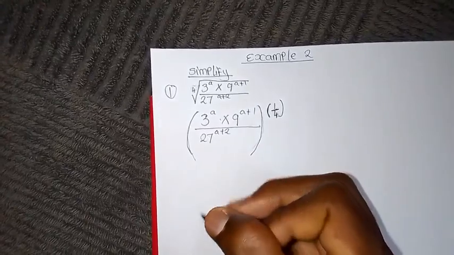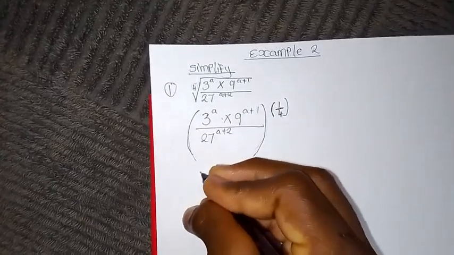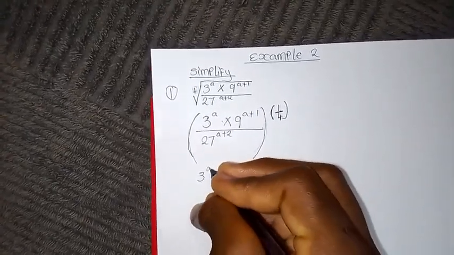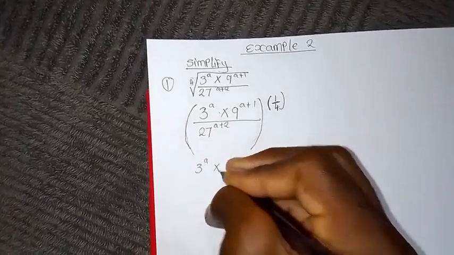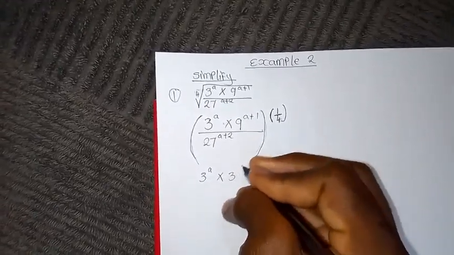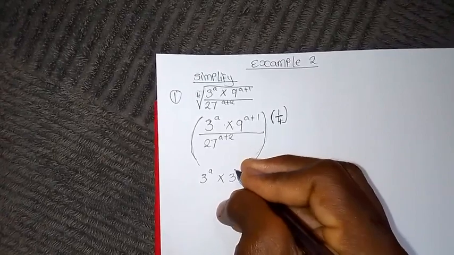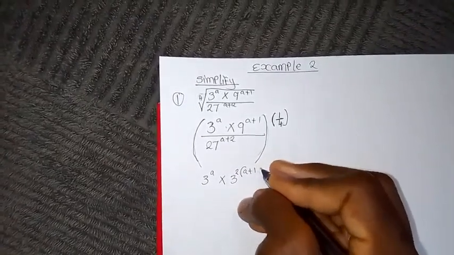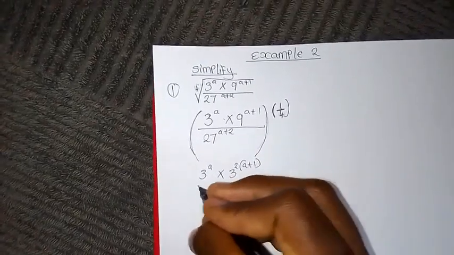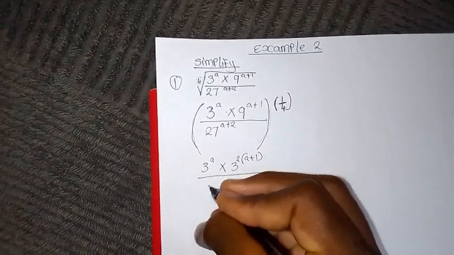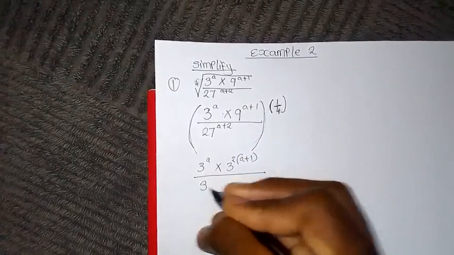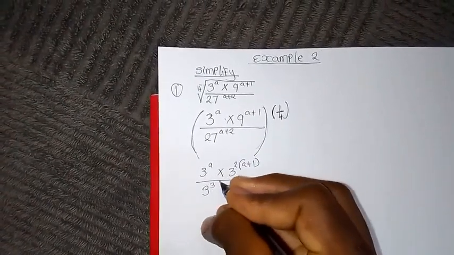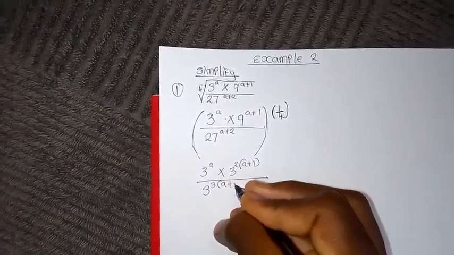So we can reduce them all to base 3. So it's going to be 3 to the power a multiplied by 3 to the power 2a plus 1, over 3 to the power 3 open a plus 2.